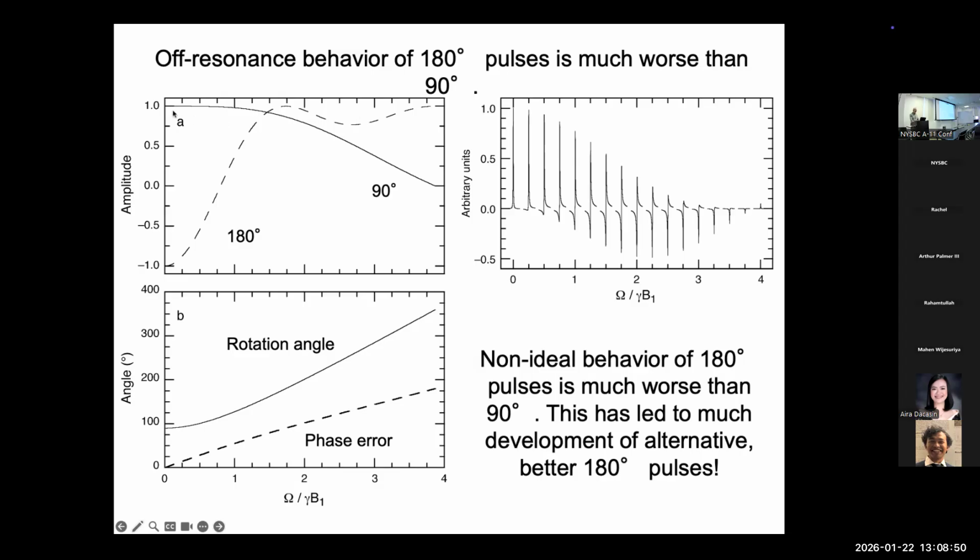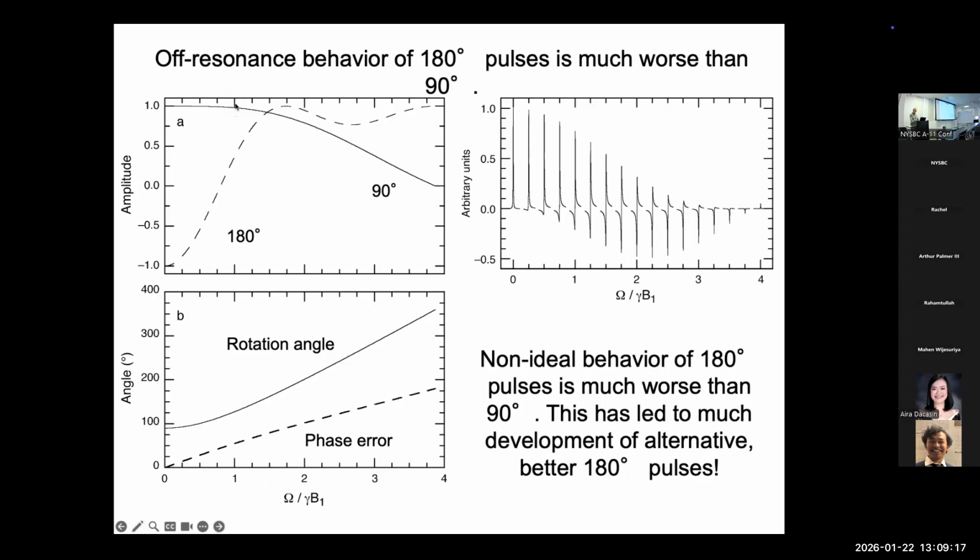In contrast, for a 90-degree pulse, the solid line here is the magnitude of the transverse magnetization. And you can see the magnitude of the transverse magnetization is pretty close to unity for quite a while, certainly out to an offset equal to the strength of the pulse.